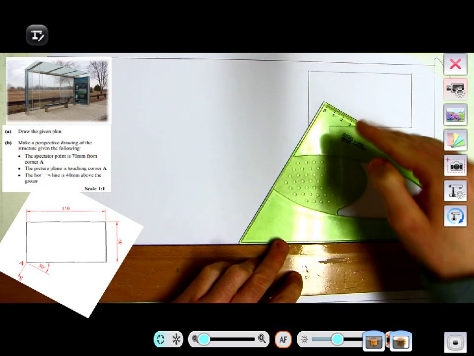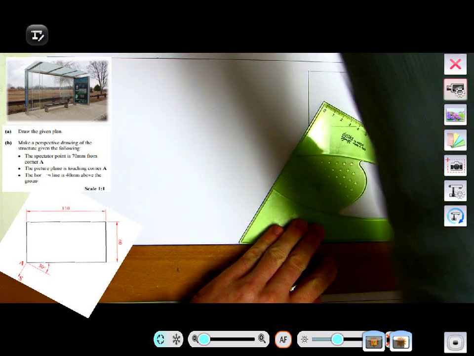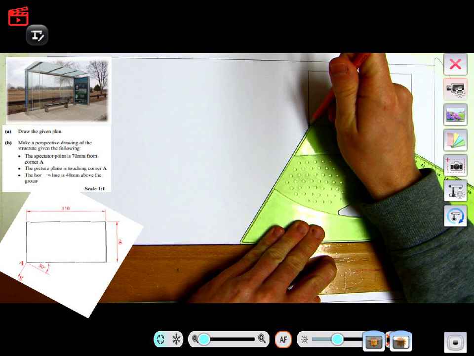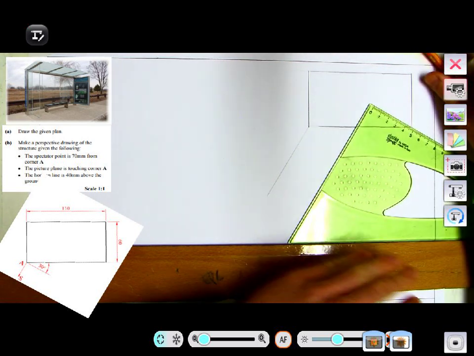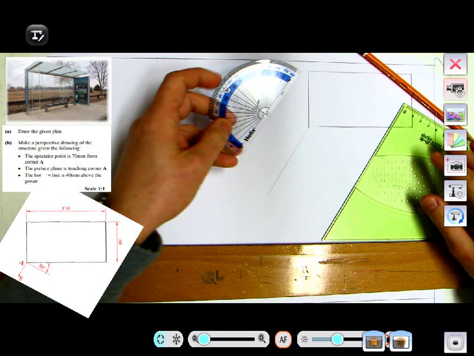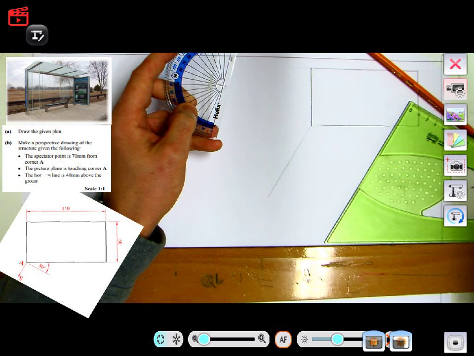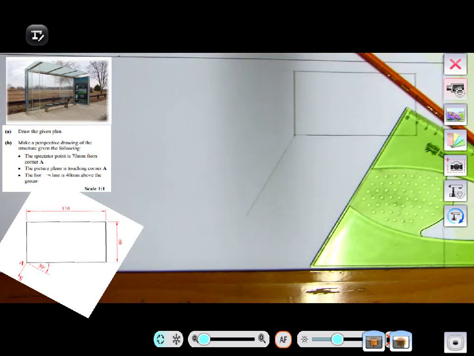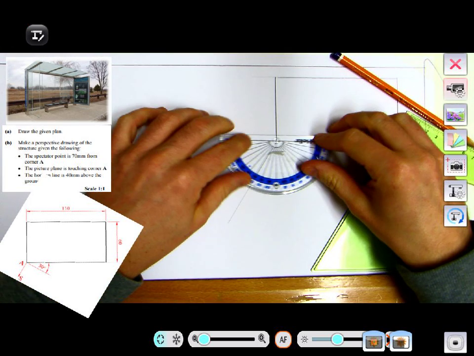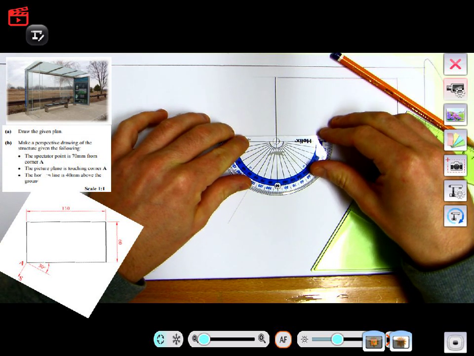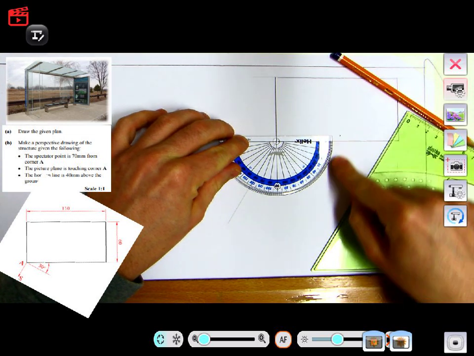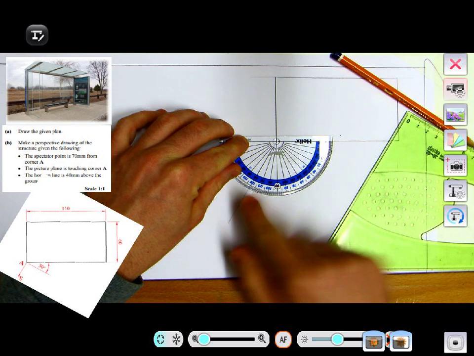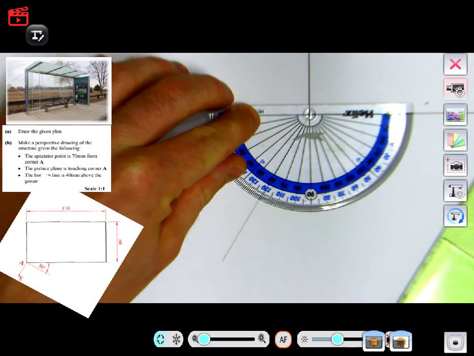So I'm coming 120 degrees from corner A. Now if you wanted to double check this, you can always use your protractor if needed. And what you should notice is we start with 0 here, and as we go around there's 120 degrees.